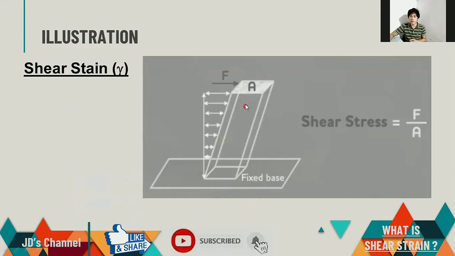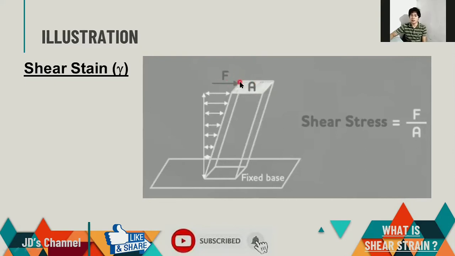Let's say class, we have this body, and originally siya ay at 90 degrees, and then we have this fixed base here. Alam natin na dito sa ating body na to, siya ay nagkaroon ng force here, yung ating parallel force which develops shear stress.